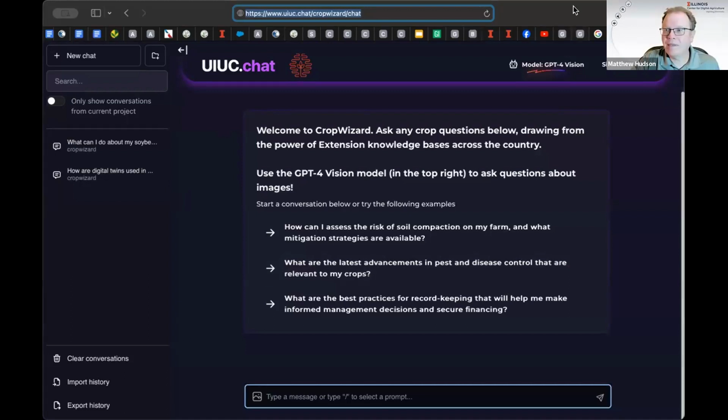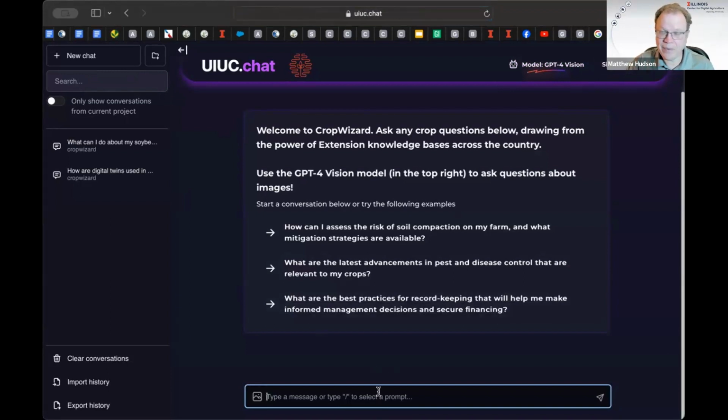Okay. So this is based off of GPT-4 Vision, which is a very new version of ChatGPT that you have to pay for, but we're paying for that through the center.